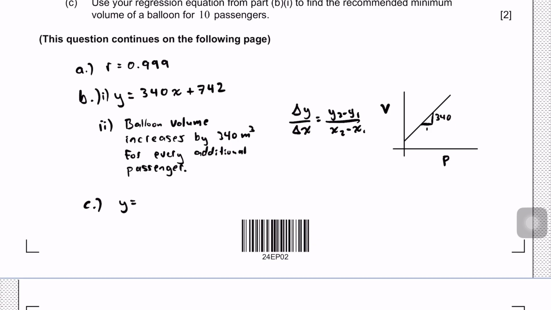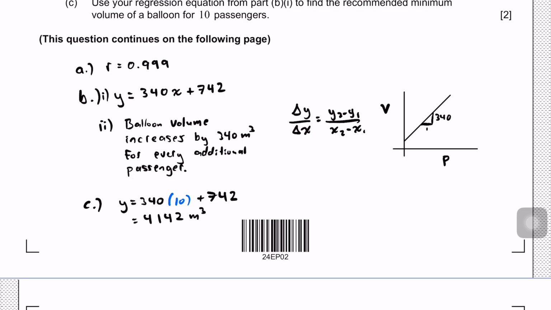So y is equal to 340. In this case, x is 10. We have 10 passengers, and then plus 742. This is going to be 3,400 plus 742, 4,142 cubic meters.